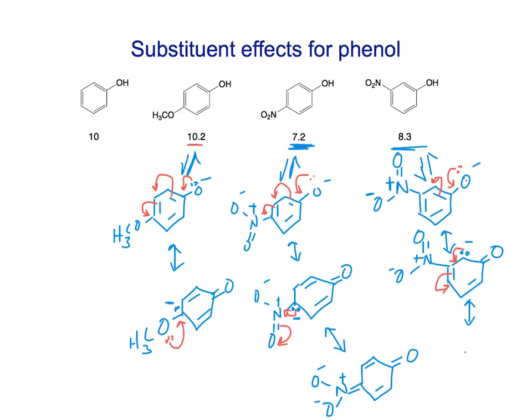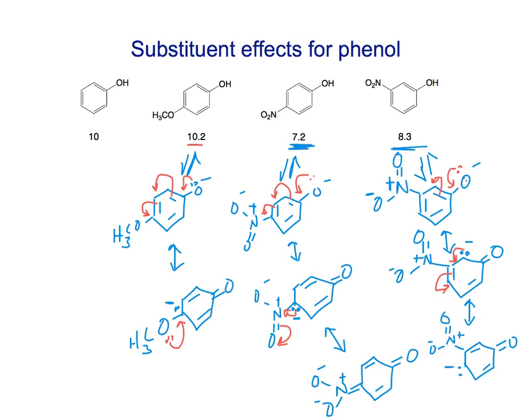Right? They don't land right there. So there's no way for those electrons to be further delocalized out onto the nitro group. Okay, so in fact, when it's meta, the added stability of the conjugate base mostly is inductive, because the resonance can't move the electrons all the way out onto the nitro group.